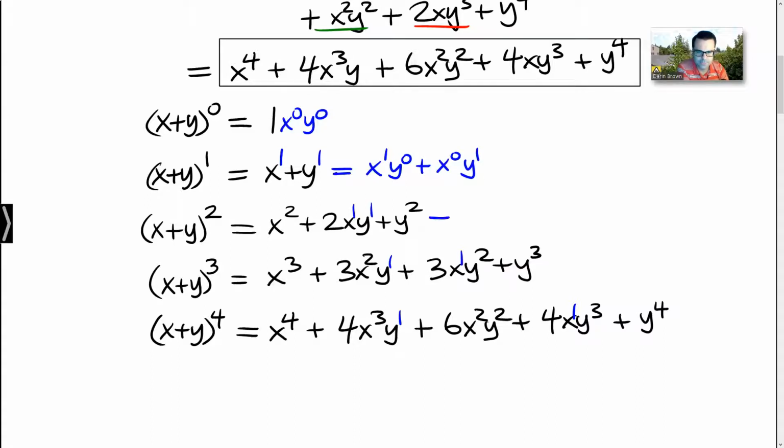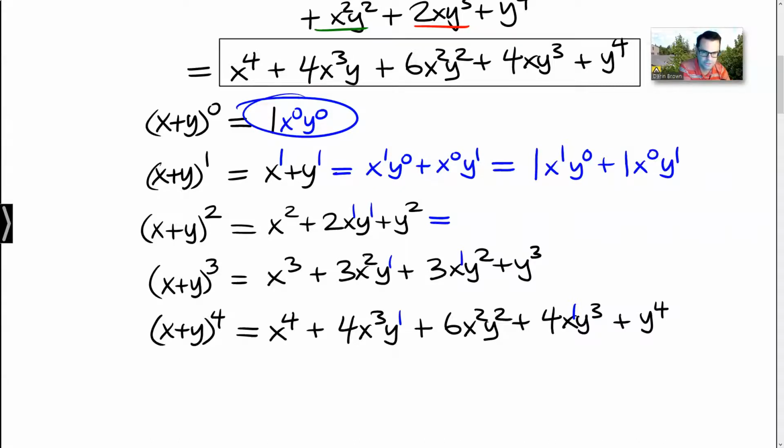And the same thing here. And also, if there's no coefficient, it's really coefficient 1. So we've got 1, x to the 0, y to the 0. I could really write the second one as 1, x to the first, y to the 0, plus 1, x to the 0, y to the first. I could write this as 1, x squared, y to the 0, plus 2, x to the first, y to the first, plus 1, x to the 0, y squared.